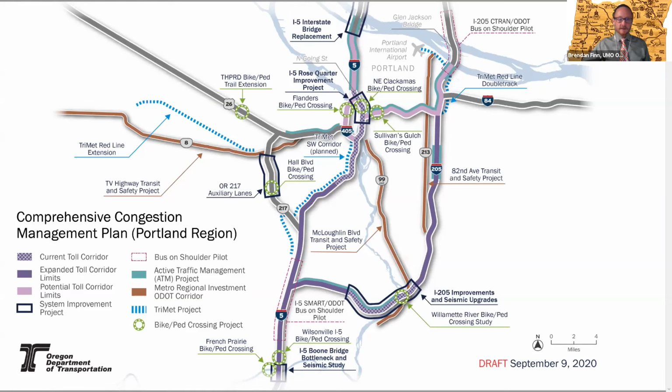The HB 2017 projects: 217 and Rose Quarter are fully funded. 205 is funded through design, which we're now at the 60% threshold out for concurrent review of those designs right now. I think the commission has said move forward on all of these.